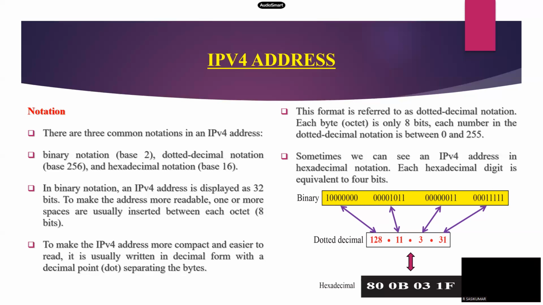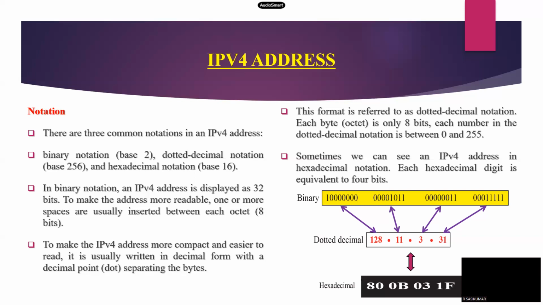And the third format is what? Hexadecimal notation. So the bottom one is hexadecimal notation. Here each hexadecimal digit is equivalent to 4 bits. So one F is nothing but what? F can be represented as a 4-bit binary number, and 1 can also be represented as another 4-bit binary number. So every 8-bit binary number can be represented in terms of hexadecimal.